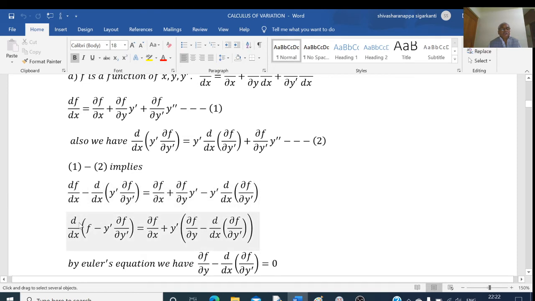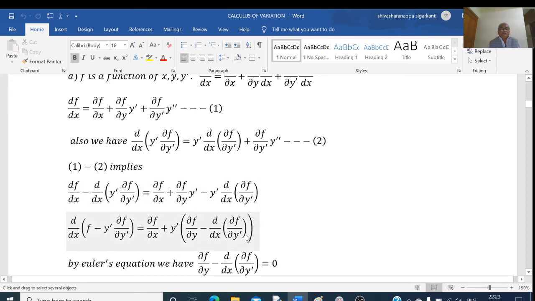So I will write this as d/dx of (f minus y' into ∂f/∂y'), which is equal to the right-hand side: ∂f/∂x plus, in these 2 terms, I will take y' as a common factor. If I take y' common, I am getting ∂f/∂y minus d/dx of ∂f/∂y'.